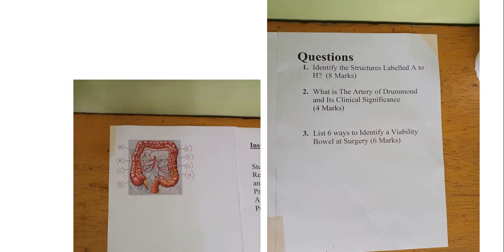That means in the event of injury to that end artery, that part of the tissue which is supplied by the artery dies off. So an injury to the part of the colon supplied by the end artery will lead to demise of that part of the colon. That is the clinical significance.